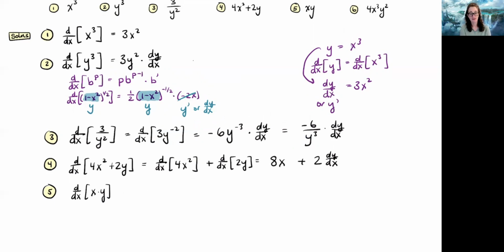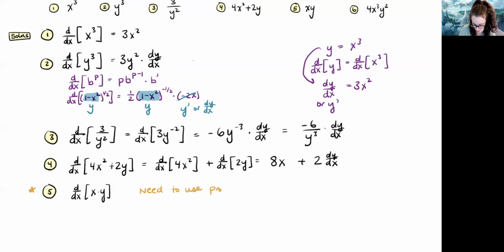We've got a product of 2 variable things. So this is going to need 100% of the time the product rule. So let's make a little note of that with a star here because it's kind of easy to miss. The x times y is very different than just x by itself or y by itself. Here we need the product rule.